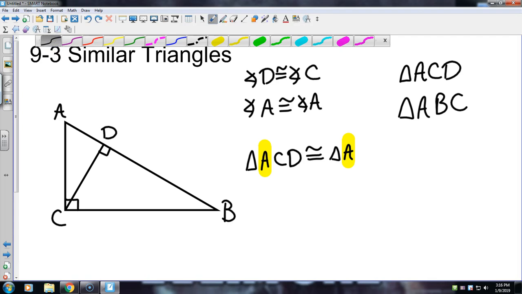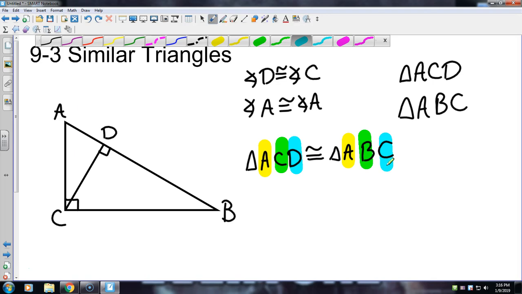So my second one is going to have to be B. And then angle D in the small triangle is the right angle, and angle C in the large triangle is the right angle. Okay, there it is. So again, I was just struggling with the fact that I think I made the assumption that angle C was a right angle in both triangles, and that wasn't correct. It was only a right angle in the big triangle.